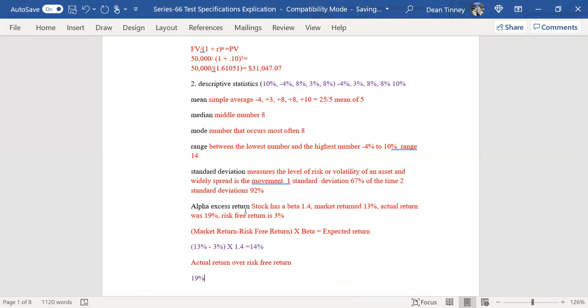And then we're just going to back out what we thought the market was going to give us. So we got 19 minus what we could have got for not playing, which was the 3% risk-free return. That's what you get for not playing. So that means we got 16.